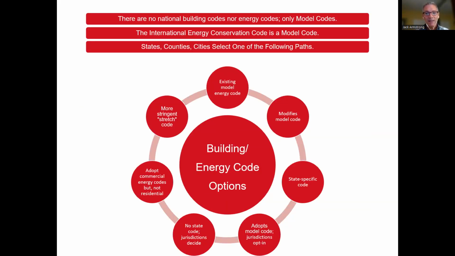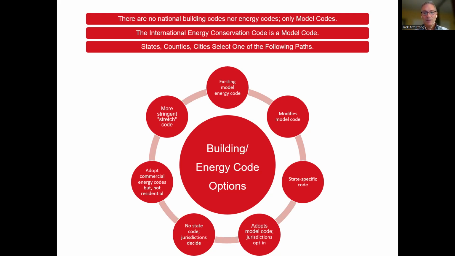Now, most states have adopted these statewide building codes, and they automatically apply to every community in the state, but not always. Some states have statewide codes, but they let local jurisdictions decide whether or not they want to enact it, or they can opt in or opt out of certain portions of it. Additionally, some states have no statewide building code at all and leave it entirely up to the local jurisdictions.